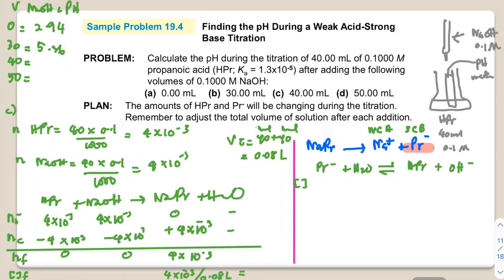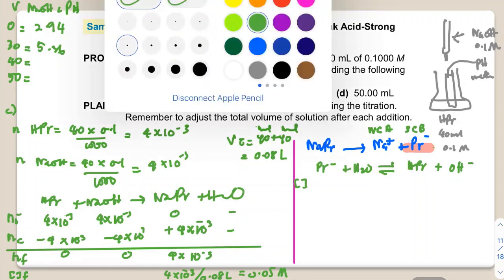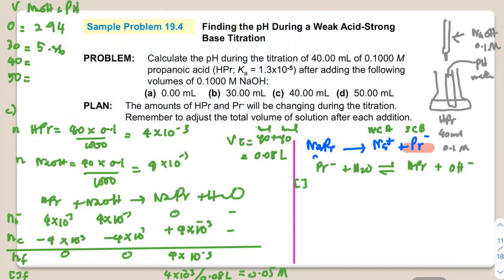So the concentration of the NaPr is equal to 0.05 molar. So we have 0.05 molar of the NaPr, 0.05 molar of the Na plus, 0.05 molar of the Pr minus.